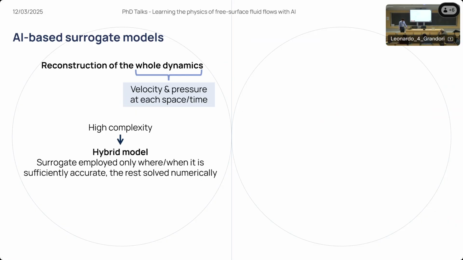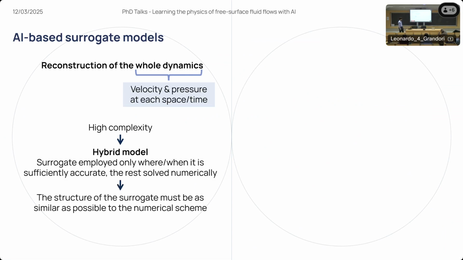And therefore, our idea is more to go through a hybrid model that combines a surrogate model and a numerical model, to use the surrogate model only in the portion of the domain and in the times where it is reliable, and to solve the rest of the problem numerically.